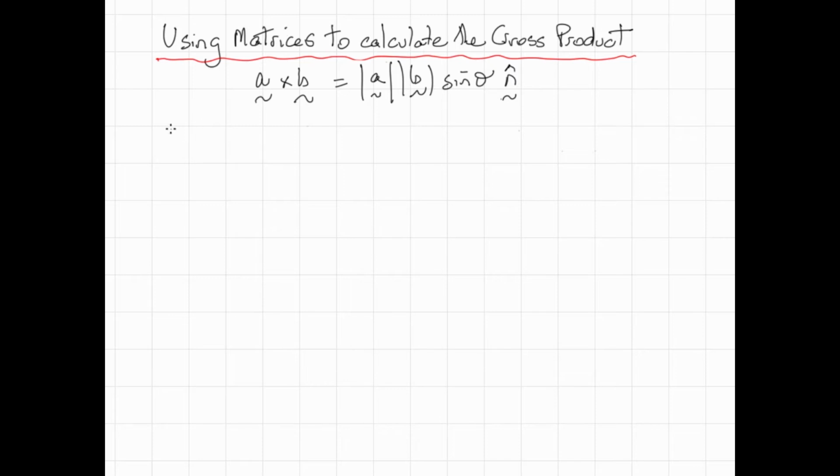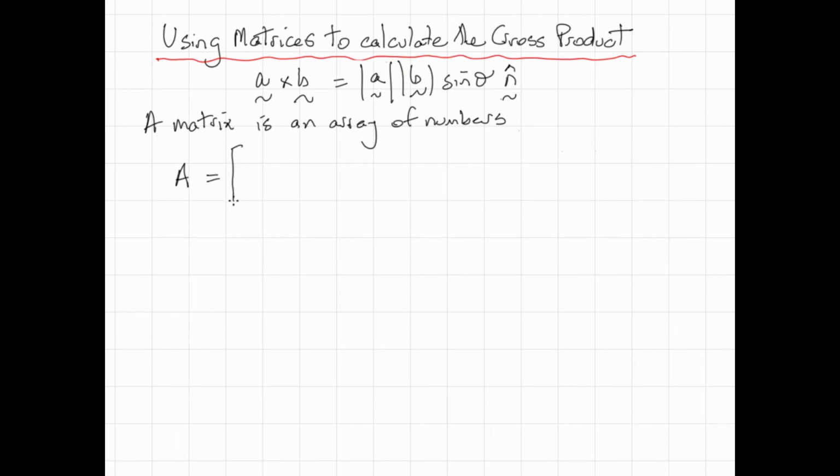Let me do a quick little intro to matrices. So a matrix is an array of numbers. An array has rows and columns. So we use capital letters for a matrix.